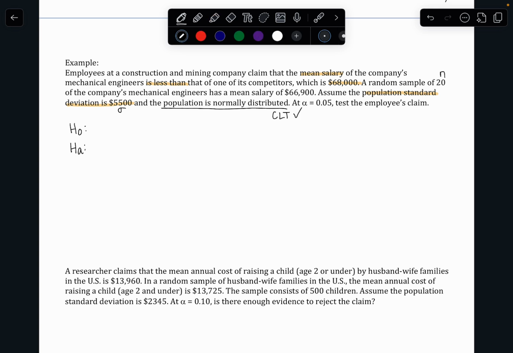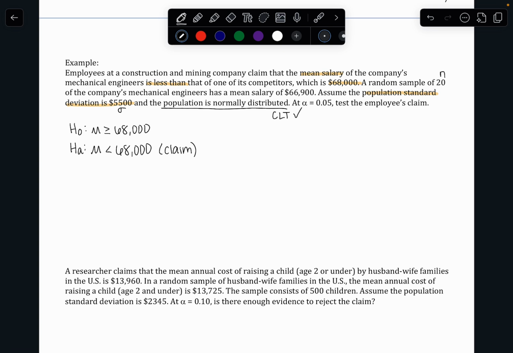Since it's less than, that's going to be the alternative hypothesis. So mu is less than 68,000. The complement of less than is greater than or equal to, so that would be our null hypothesis. Also, I'm going to label the alternative as our claim because that will help us when we write our interpretation at the end.